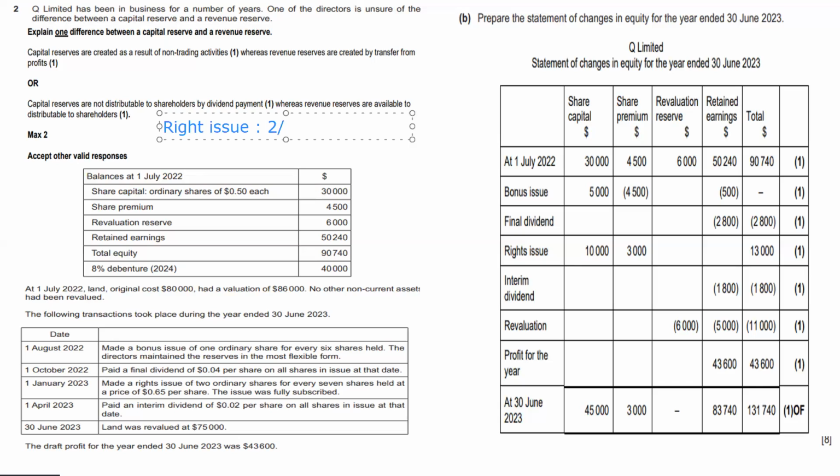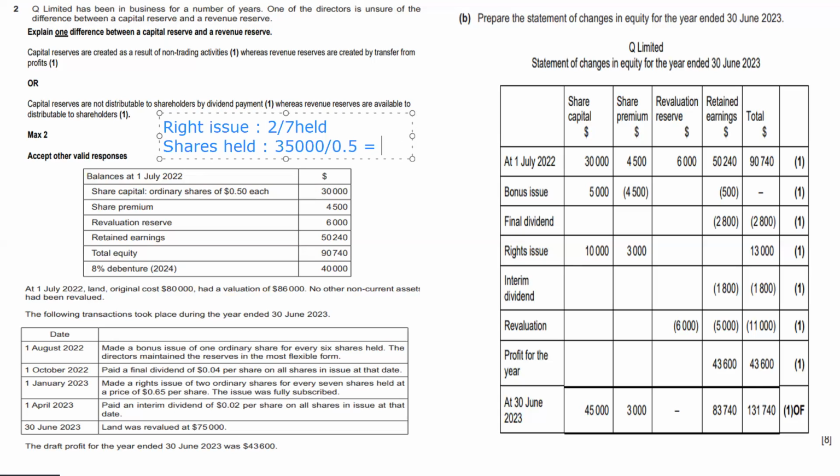So what is your rights issue? It's 2 shares for every 7 held. So what is the number of shares held? Currently you'll do 35,000 divided by 0.5, then you'll multiply by 2 upon 7.